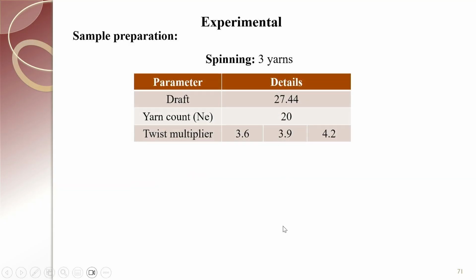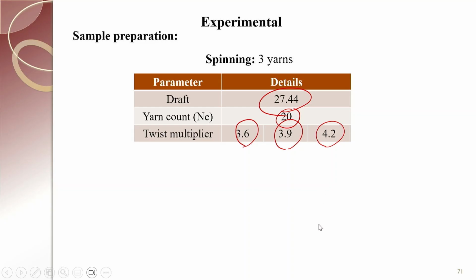Yarn count we kept constant, and the draft we used was 27.44 to produce yarn count of 20 Ne, and the twist multipliers we used were 3.6, 3.9 and 4.2.